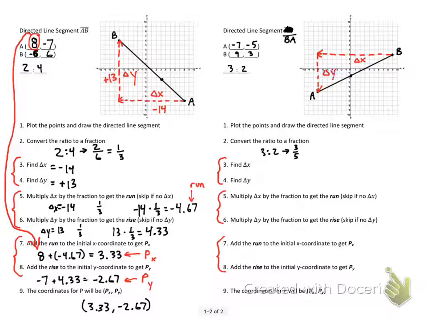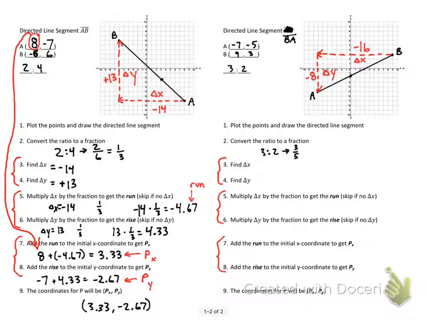There's the change in Y. And what is my change in X going to be? Negative 16. Change in Y is negative 8. All right, is everyone good with those two?